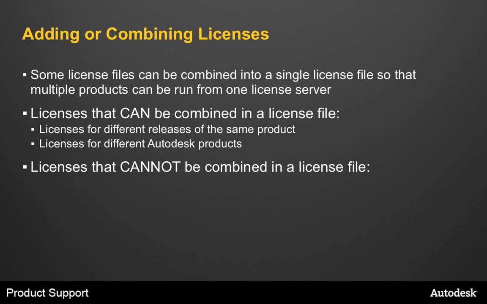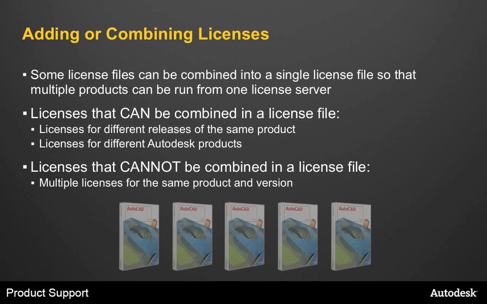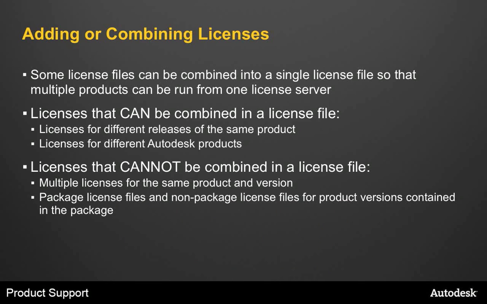Licenses that cannot be combined in a file are multiple licenses for the same product and version, or package license files and non-package license files for versions contained in the package.